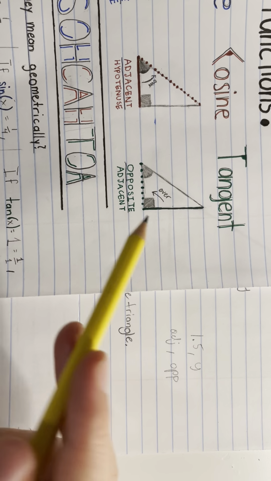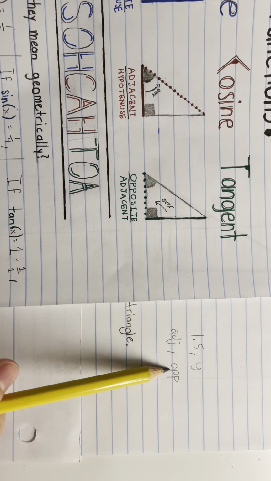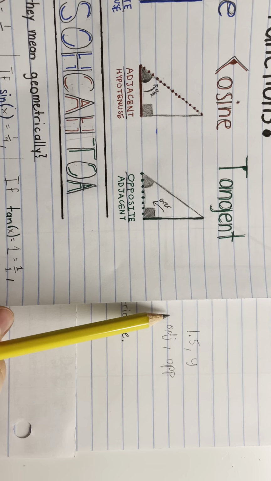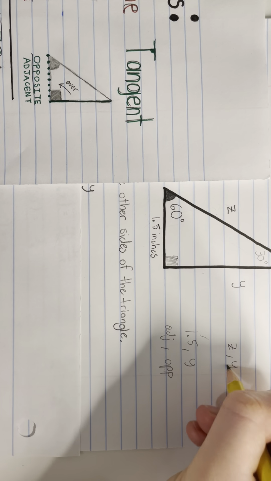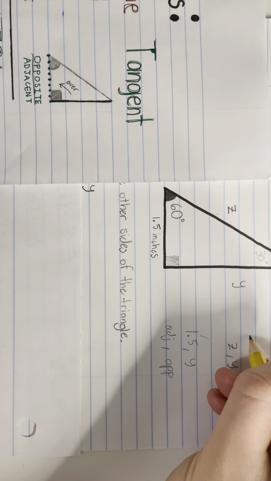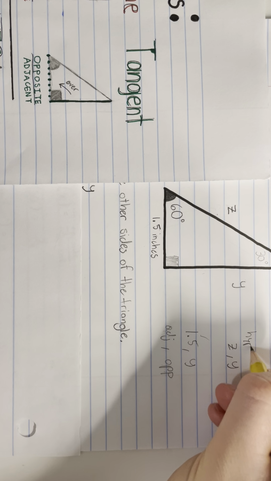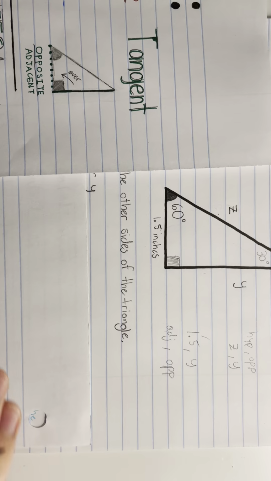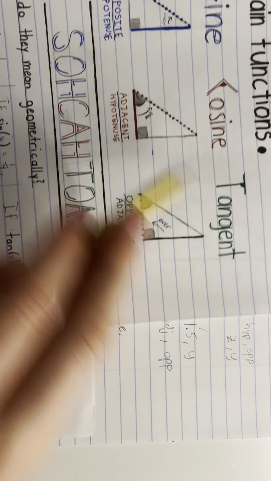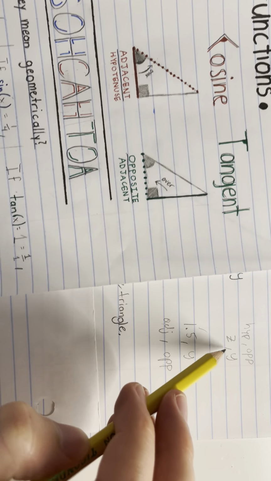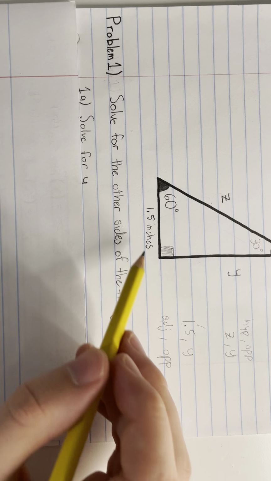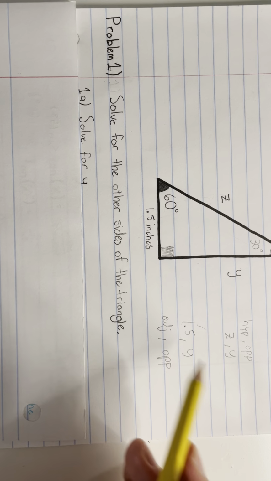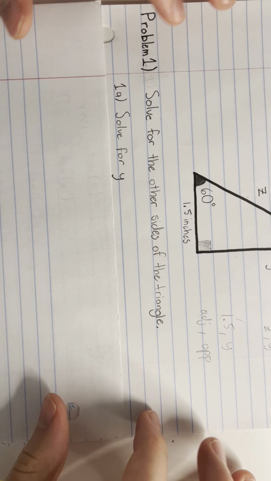If we were doing z and y, or the hypotenuse and the opposite, we could use the sine function, but we'd have two unknown variables, so that would get us nowhere. Here we're using 1.5 and y because we only have one variable.